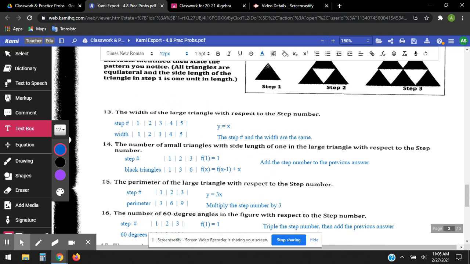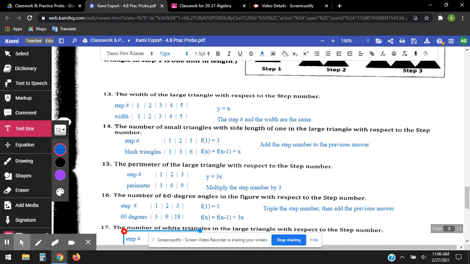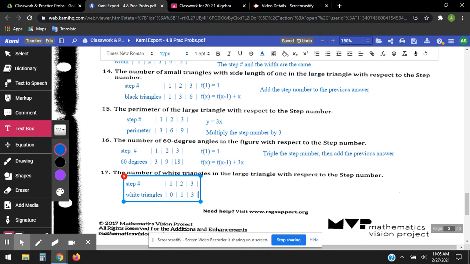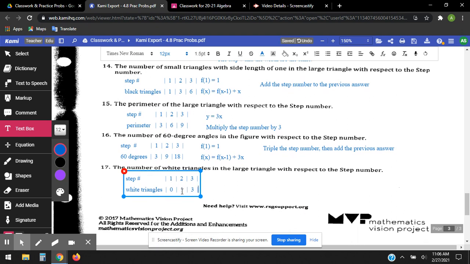My next one has 3. Okay, so what kind of pattern do I see here? Well, plus 1, plus 2. This one's probably going to be a plus 3. So it looks like I'm adding the previous step number, right? One less than the step number.